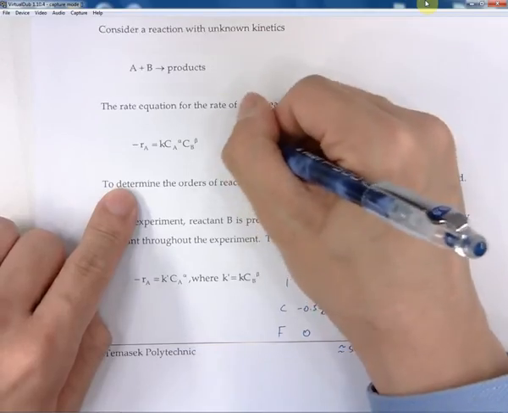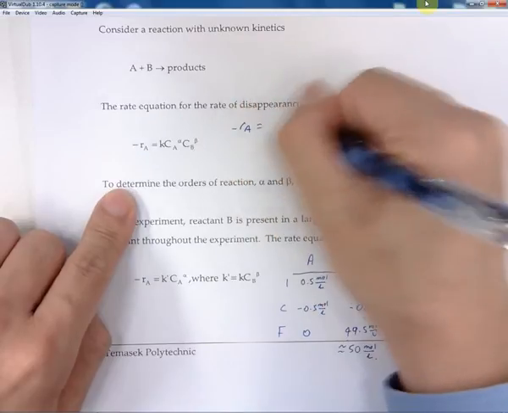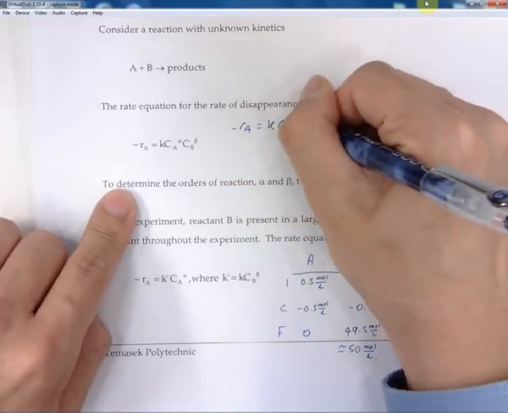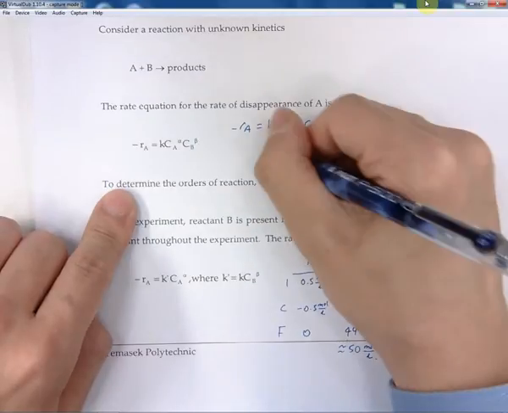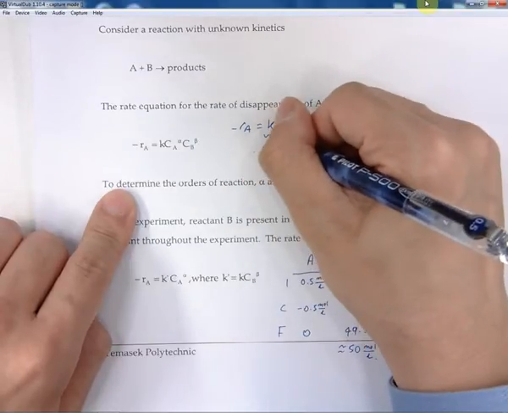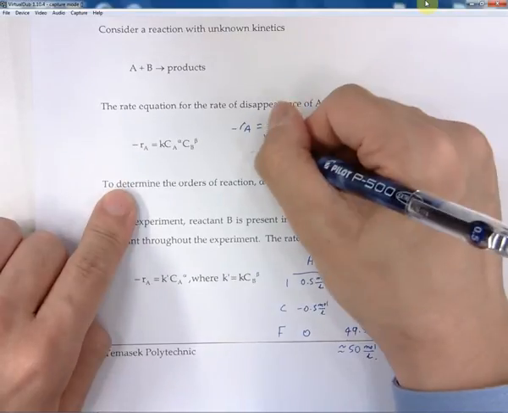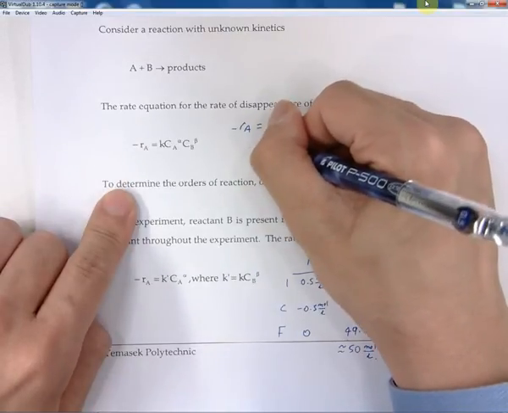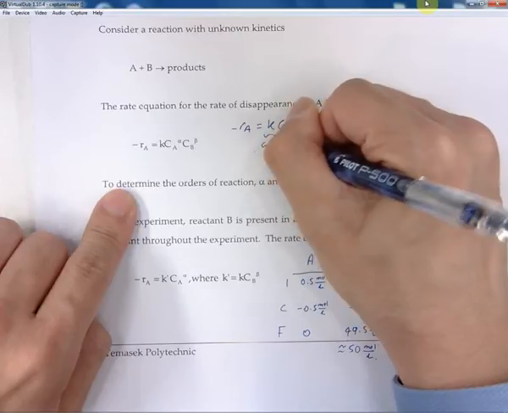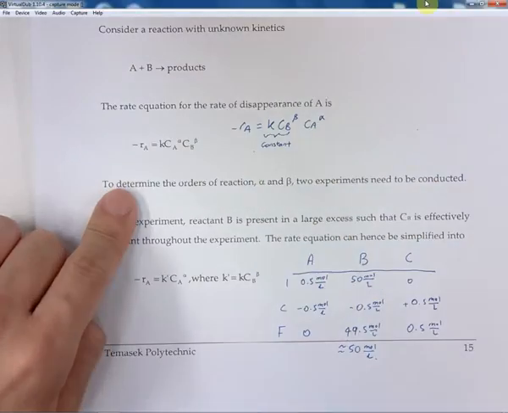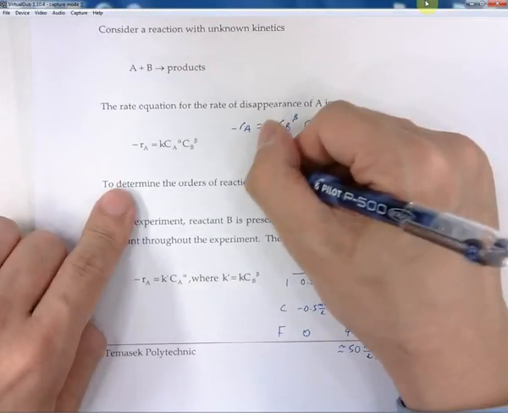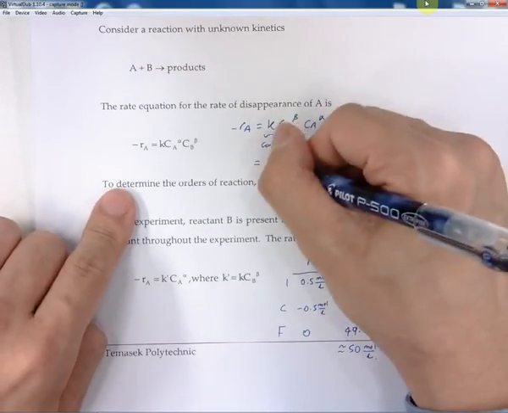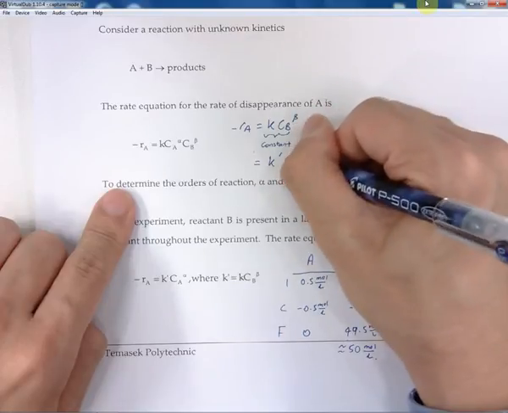So we can write negative r_A is k C_B^beta C_A^alpha. Since C_B is almost constant, we can group it with the k term, so that this term is in fact constant, and this gives a new constant k prime times C_A^alpha.